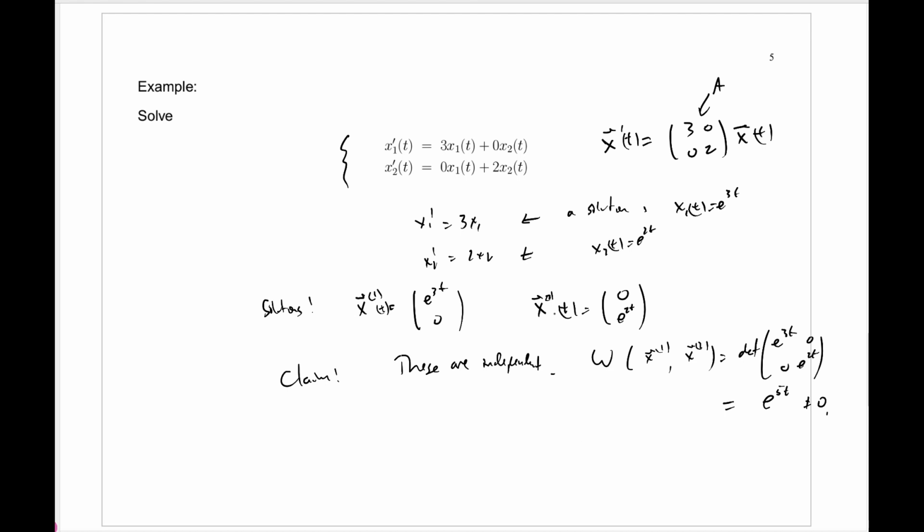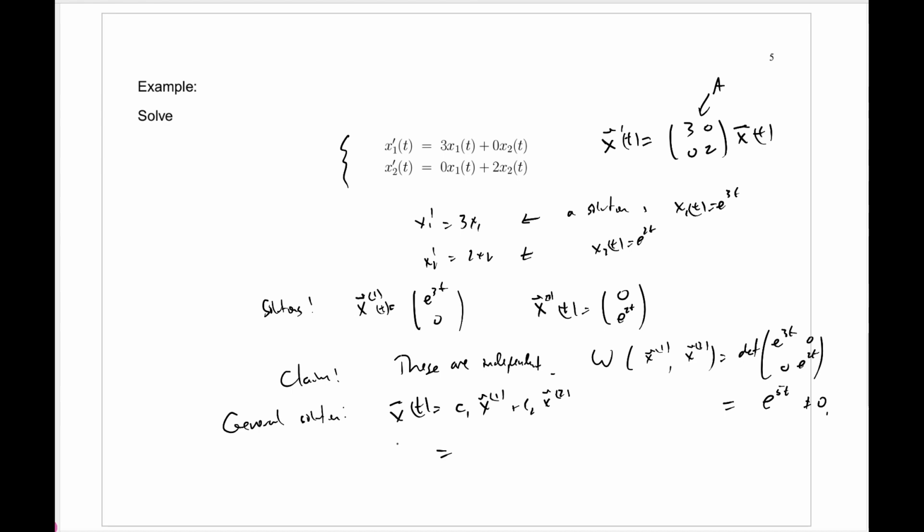So these are independent solutions. And what is my general solution? It would just be the vector function x of t equals c1 times x1 plus c2 times x2.